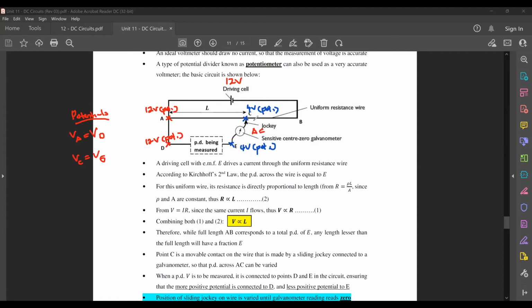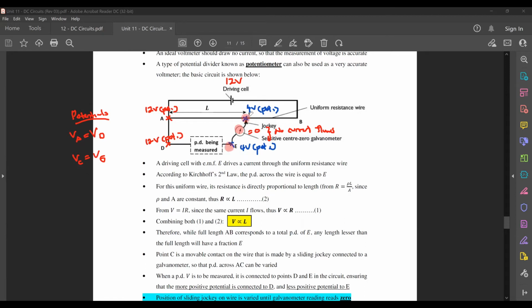Okay, so the key takeaway here was just this. If your galvanometer reading here is equal to 0, that means no current flows. Current will only flow when you have differences in potential. But the fact that your galvanometer reading here is 0 means that there's no difference in potential between these 2 points.